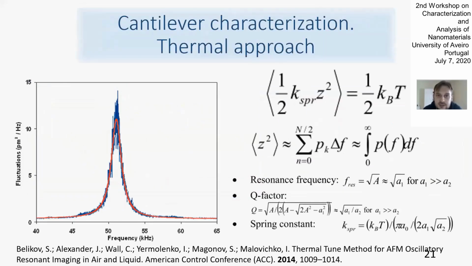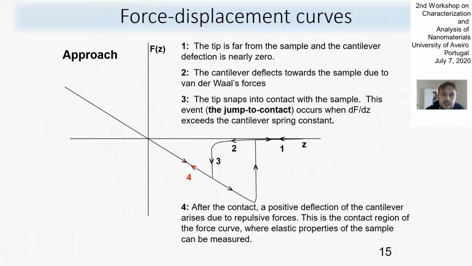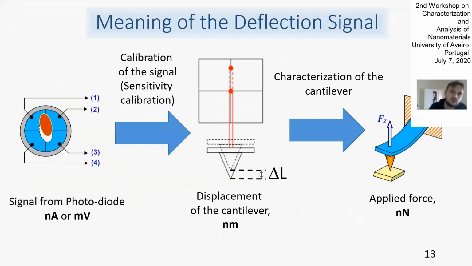so the tip sensitivity. On the other, sorry, I will return back to this slide. Yeah. So this is the first step which we discussed on the left side of the image, the calibration of the signal sensitivity, and after that we can go further and characterize the forces, because we also need the stiffness of the cantilever in order to understand how much force we apply on the surface.